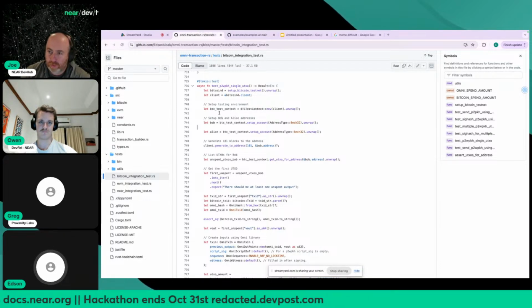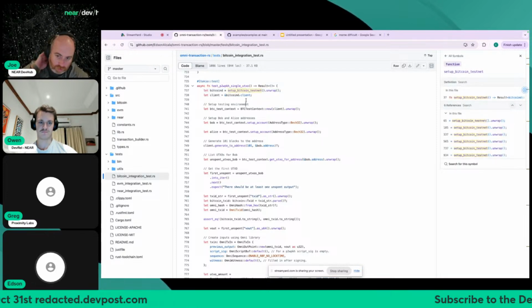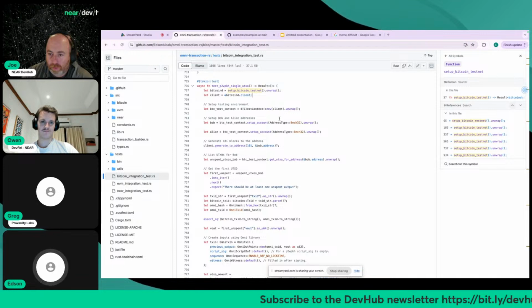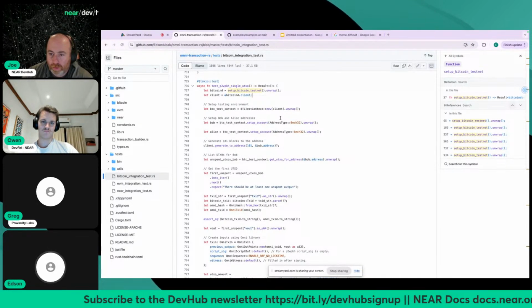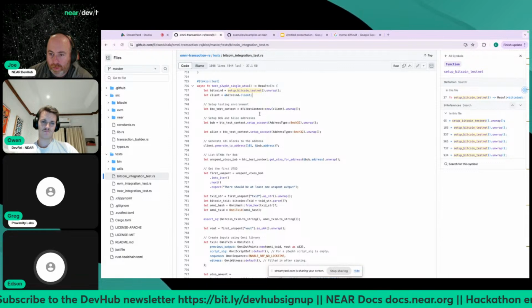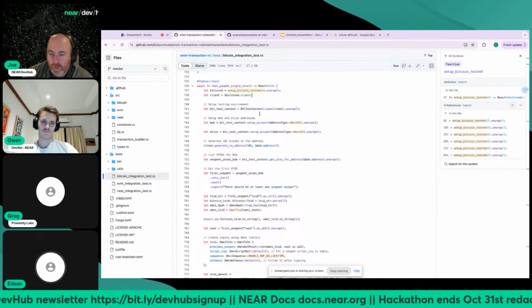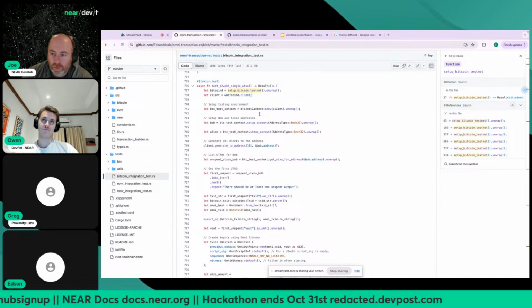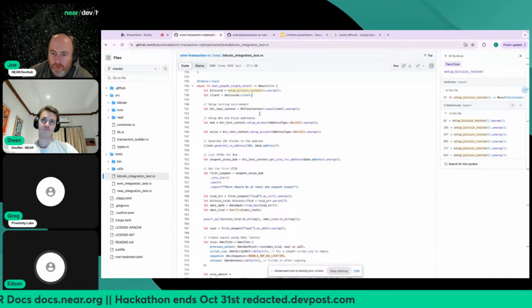What we do here is we set up the Bitcoin node, and what it's doing is literally downloading the Bitcoin core node and running behind the scenes. I thought the other day that there might be something about security, because I'm basically downloading a Bitcoin core node and executing it.